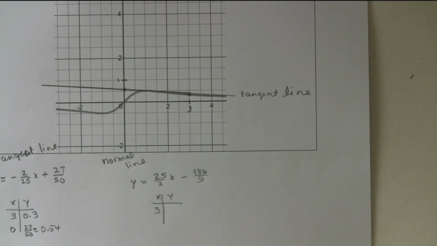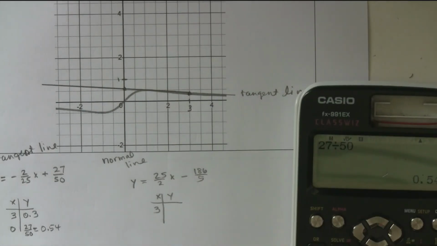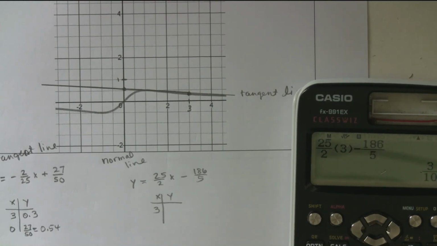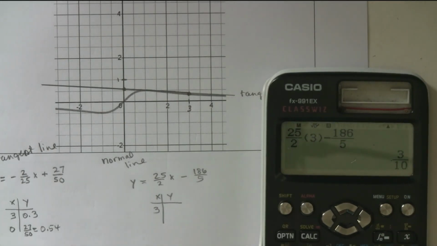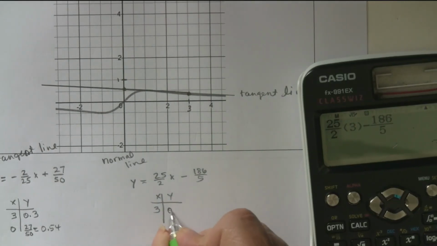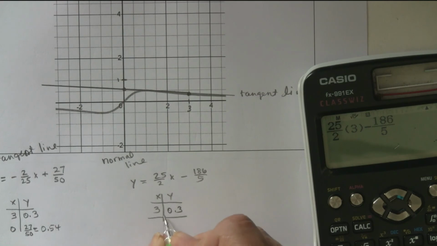Yeah, I ought to get 0.3. And if I don't, then there's a mistake somewhere. So I'm going to make sure that I do get 0.3 here, minus 186 over 5. And I do, right? 3/10, it's 0.3. So hot diggity dog, that means I haven't got a boo-boo going yet.